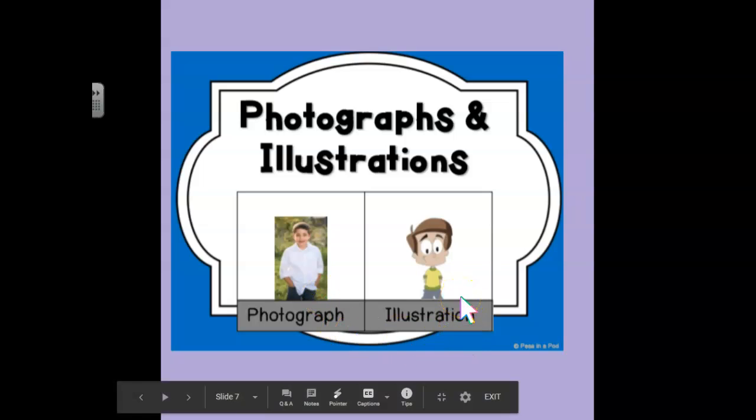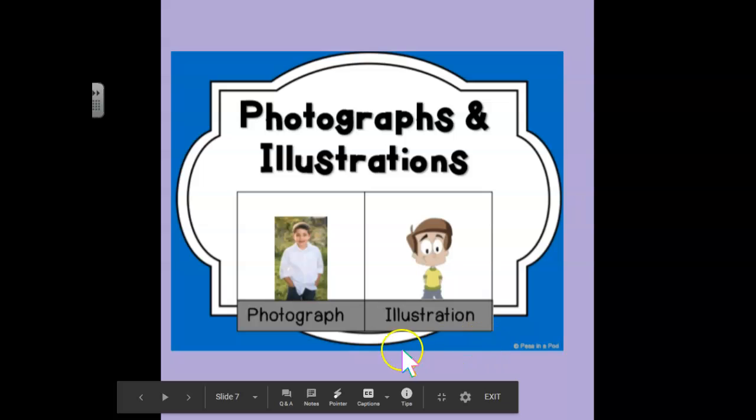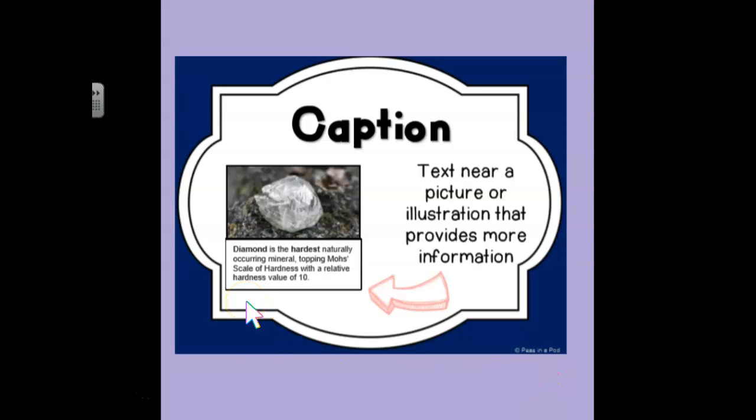Then illustrations are drawn, painted by the illustrator. And you can have either one in a book that is nonfiction. Captions is the text that tells you more information about a picture or photograph you're looking at. It can be anywhere around the picture. It can be to the sides, above, or below it.